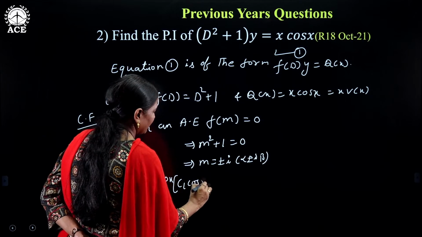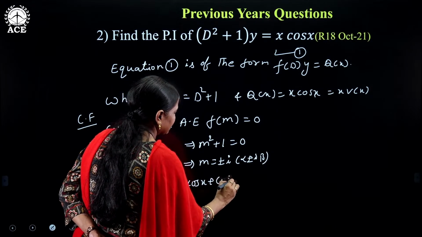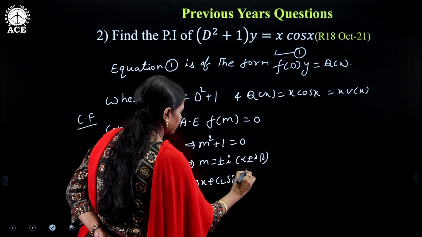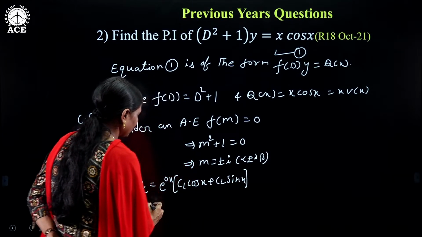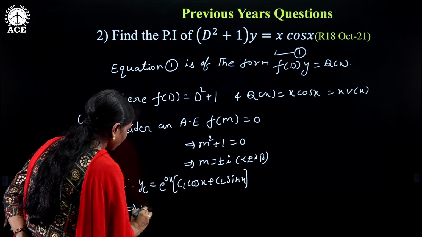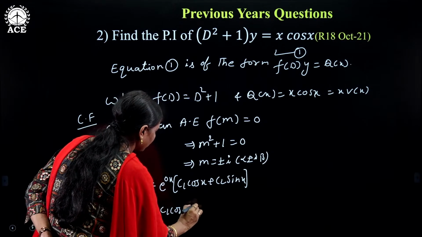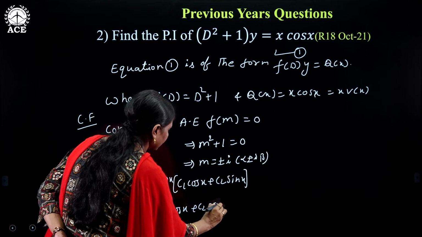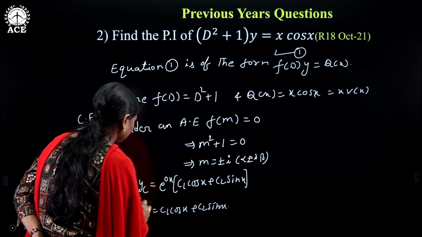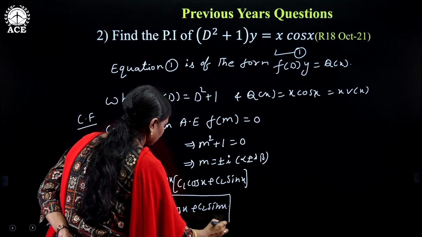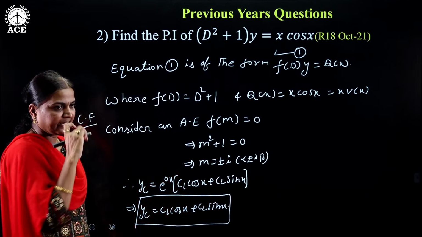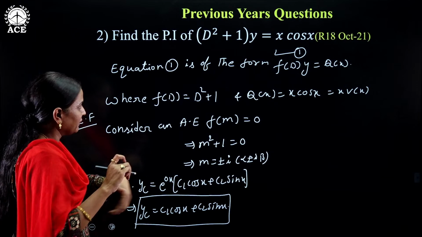Here alpha is 0, and what is beta? 1. So c1 cos x plus c2 sin x. But e power 0 is equal to 1. So Yc can be written as c1 cos x plus c2 sin x. This is the required complementary function.